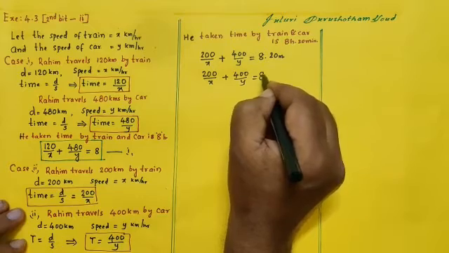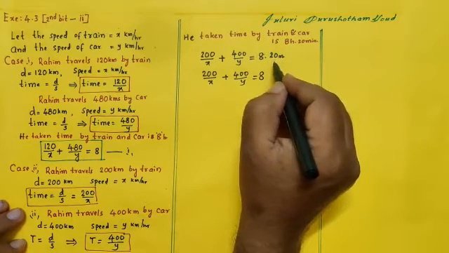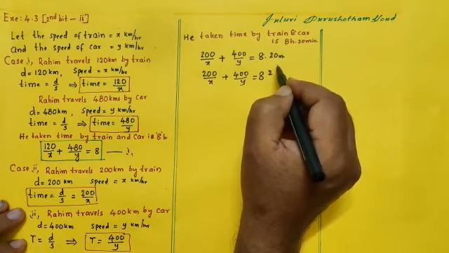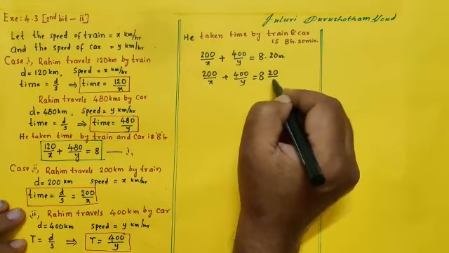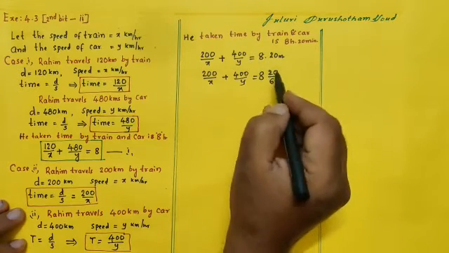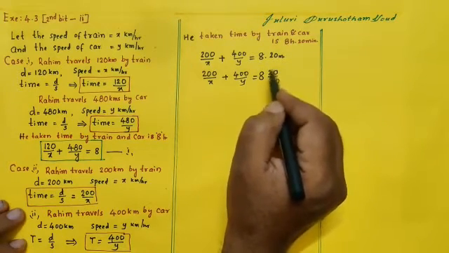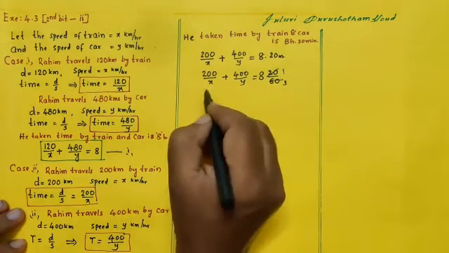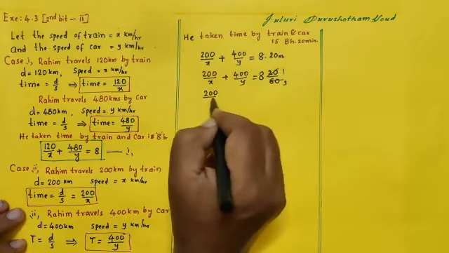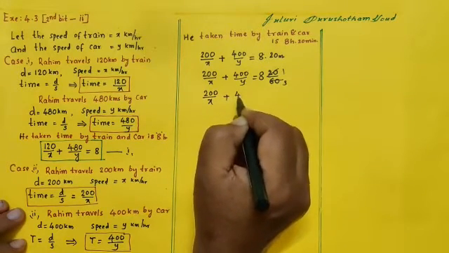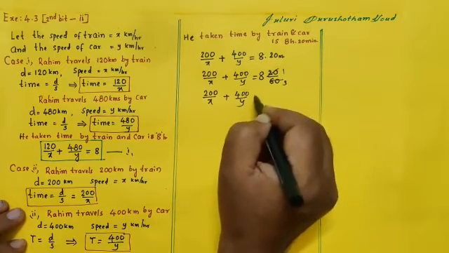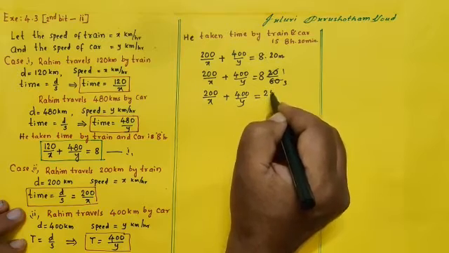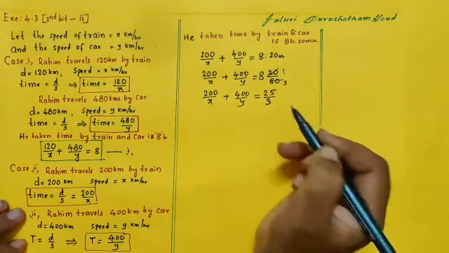How? 20 minutes, if we convert to hours, one hour is 60 minutes, so 20 by 60, which is 1 by 3. So 200 by x plus 400 by y is equal to 8 and 1 by 3, which is 25 by 3. Is it clear?